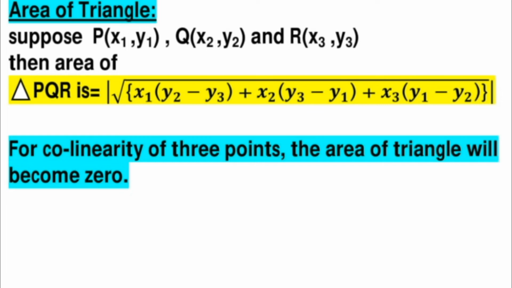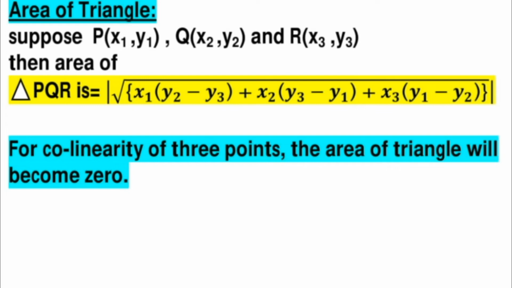Very simple formula. Now suppose you have to prove that 3 points are collinear. How to prove? Look, if 3 points are collinear, then they will lie on the same line. So if we find the area formed by these 3 points is 0, then clearly they will not form a triangle, because area of triangle is 0 implies the points lie on the same line.